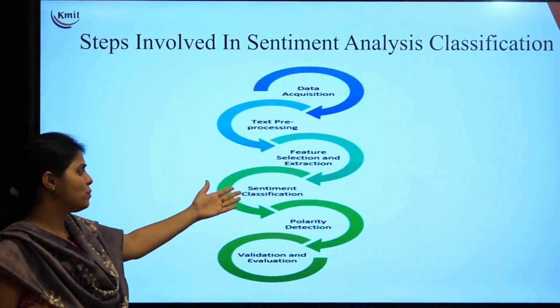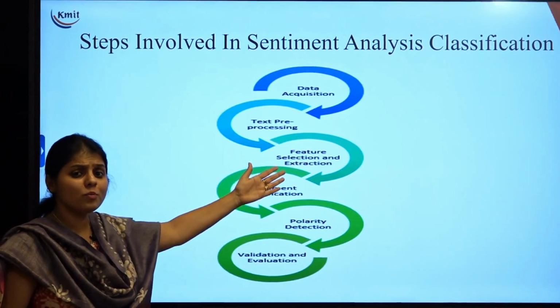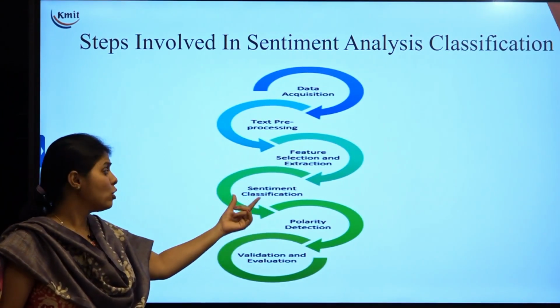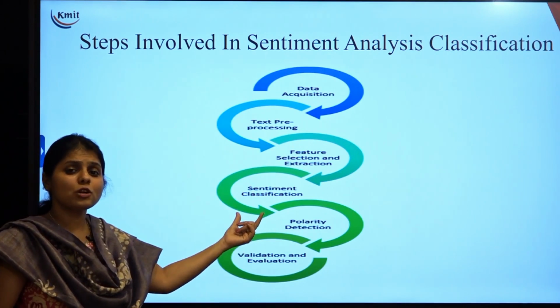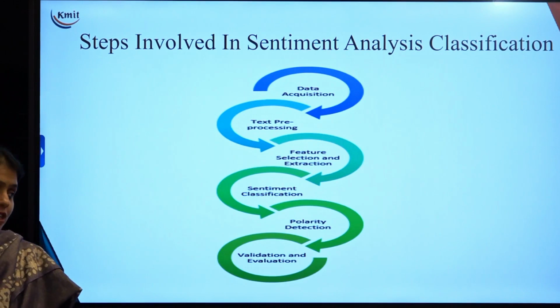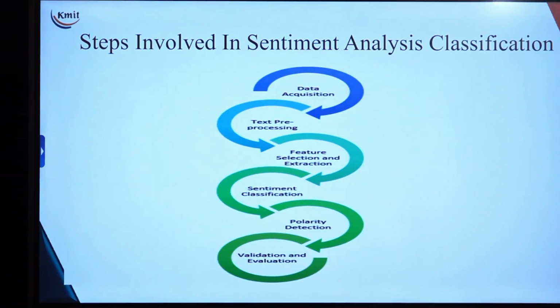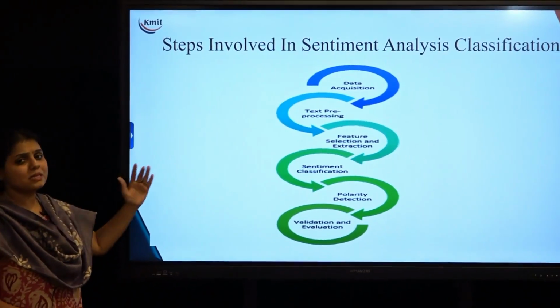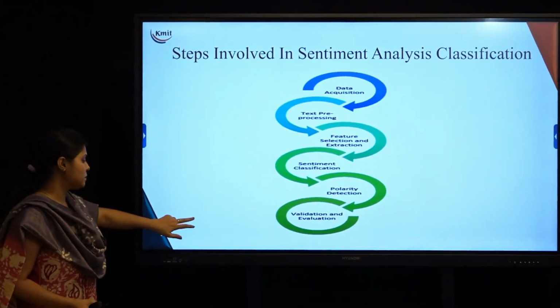And then we perform sentiment classification from the words or word embeddings that have been generated. After that, depending upon the sentiment classification, I will go for polarity detection, and then finally validation and evaluation. Okay, so these are the different steps involved in sentiment analysis classification.